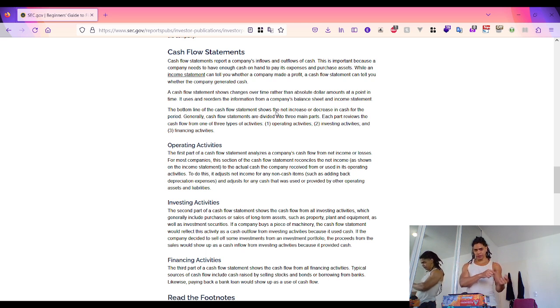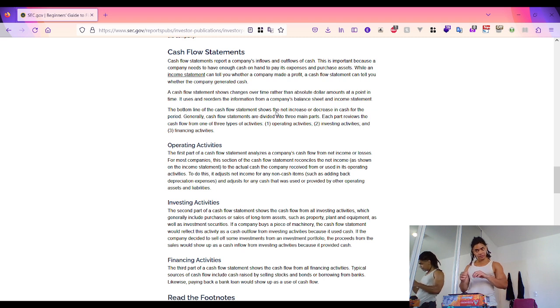While the income statement can tell you whether a company made a profit, the cash flow statement can tell you whether a company generates cash. This statement shows the change over time, and it reuses all of the data from the income statement and the balance sheet, all right?